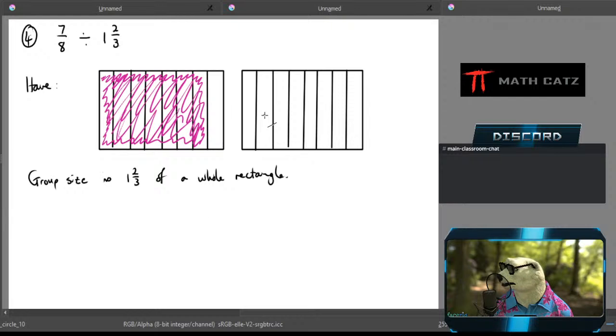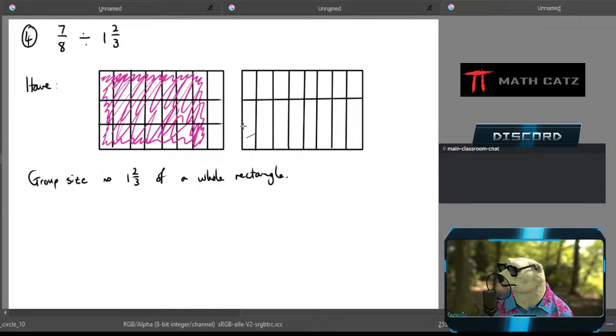Okay, it's not going to be pink. I just need to set up another rectangle because the group size is one whole rectangle and then another 2/3 of a rectangle. But same as before, I need to split it up sideways into 3, right? So let's do that. Thirds. Here we go.